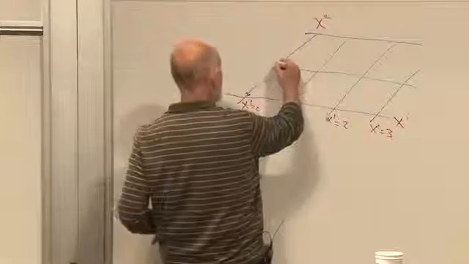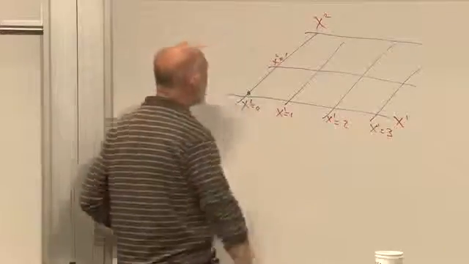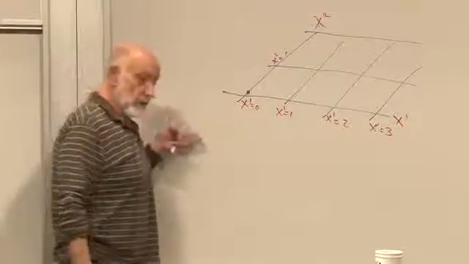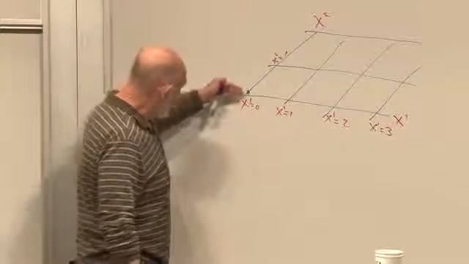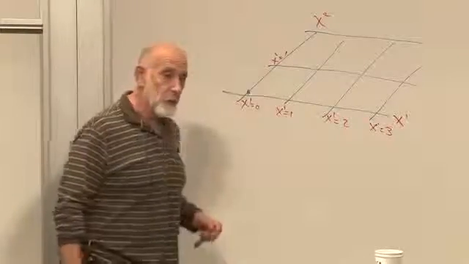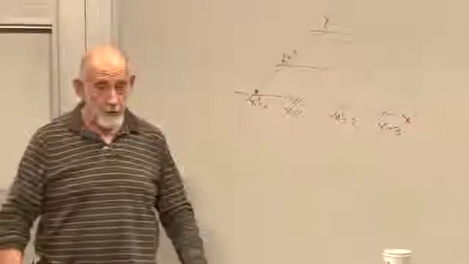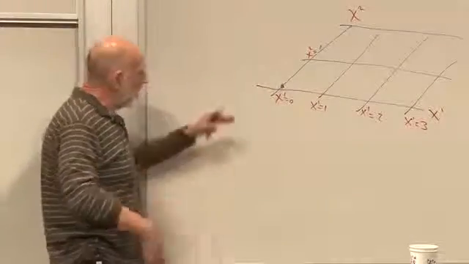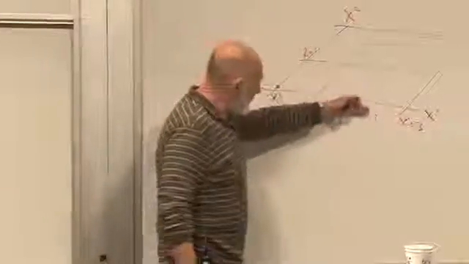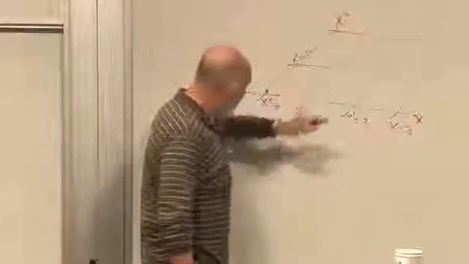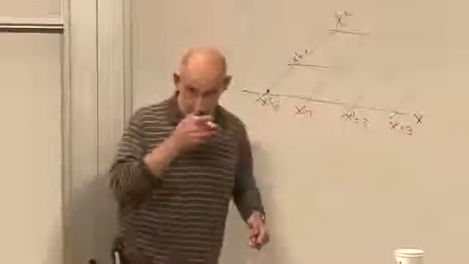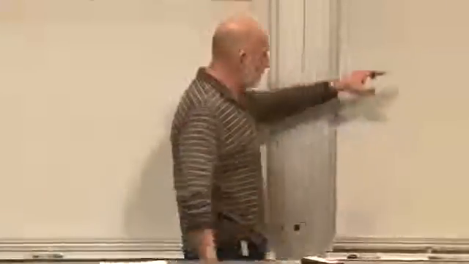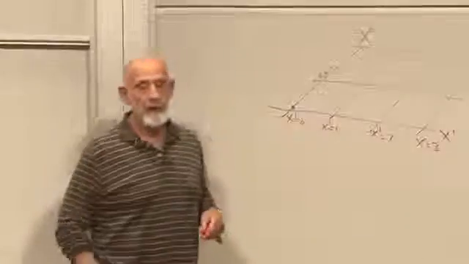Here's x2 equals 1. The actual physical distance, measured in meters or centimeters or whatever units, between x equals 0 and x equals 1 is not necessarily 1 unit. They're neither perpendicular to each other, nor do these labels represent actual physical distance along the axes. They're just names of points. Here's the point x equals 0, and so forth and so on.